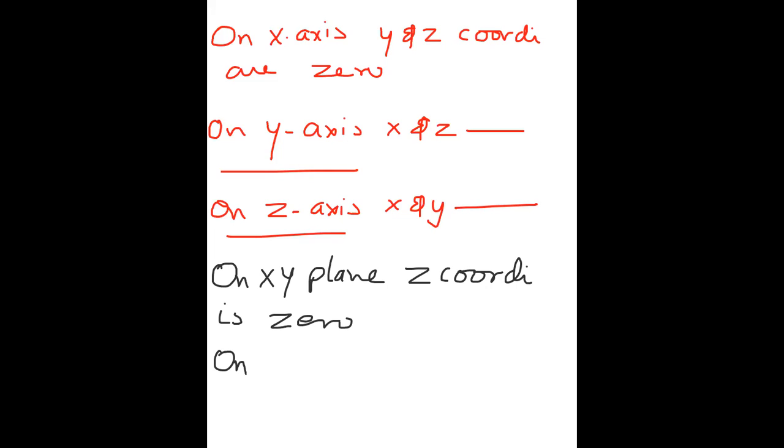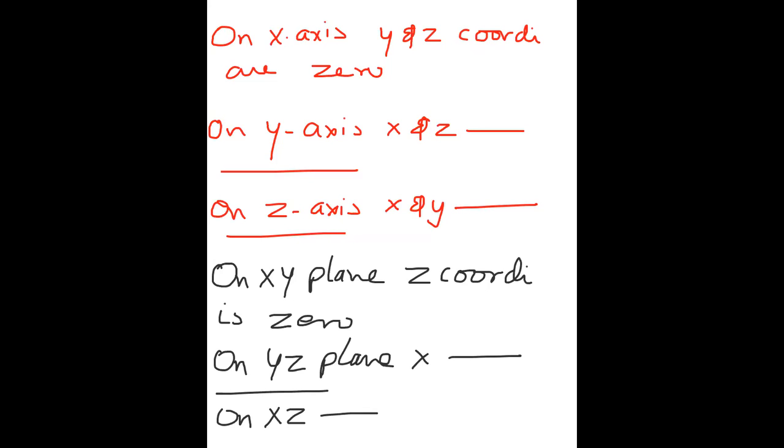On the yz plane, the x coordinate will be 0. And last, on the xz plane, the y coordinate will be 0. These are the basic things which we must remember.